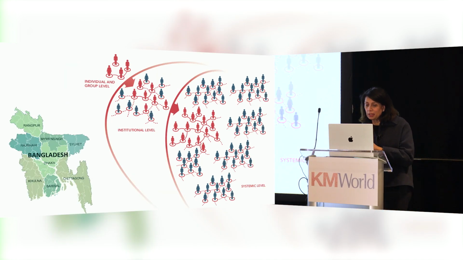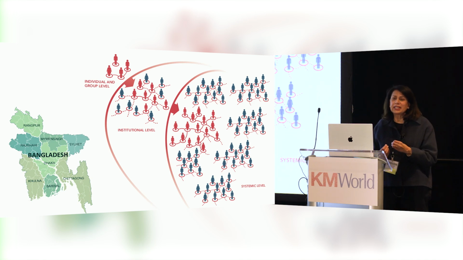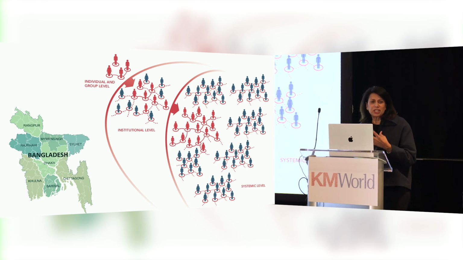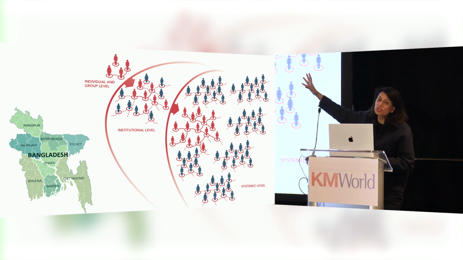For example, a group of water specialists learned new techniques to build and maintain a safe water supply in Bangladesh. And with that enabling environment, they were able to also contribute to a reduction in waterborne diseases. But if they did not have an enabling environment, the knowledge would just remain at the individual level.